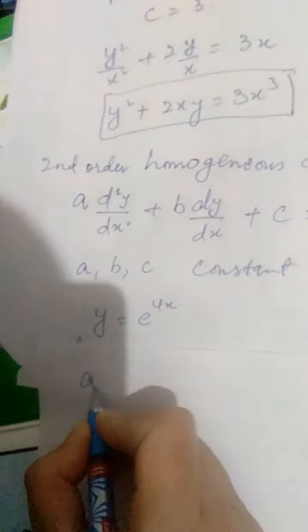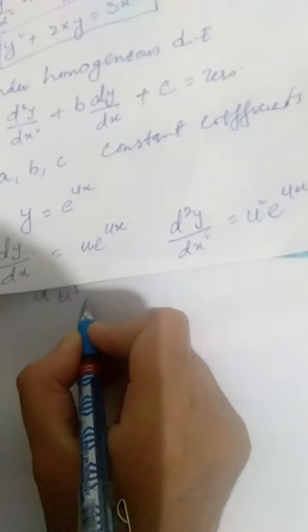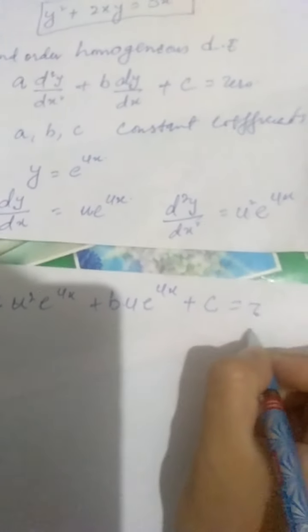We get a times u square e to the power ux, right? Then b times u into e to the power ux, right? Plus c is equal to 0.